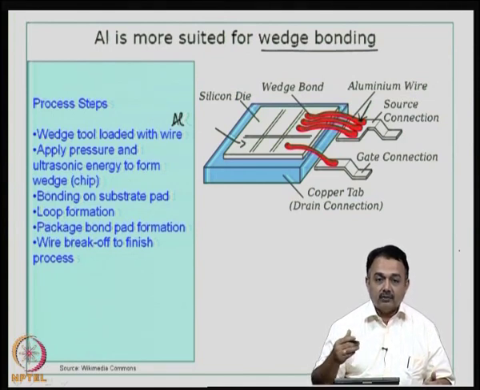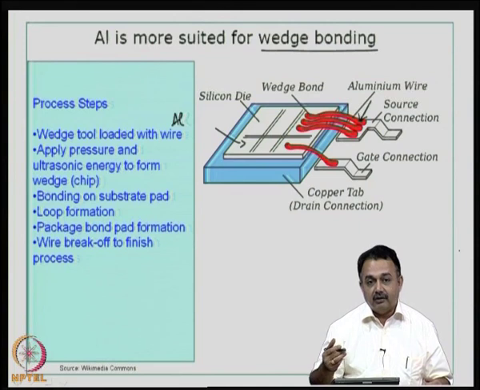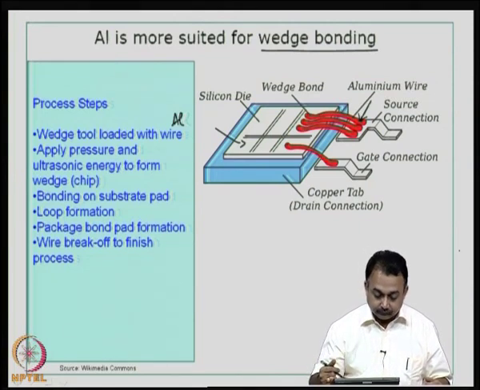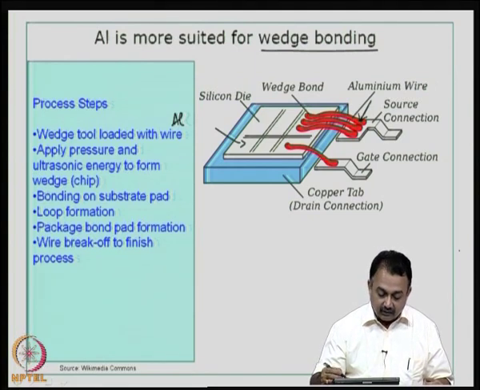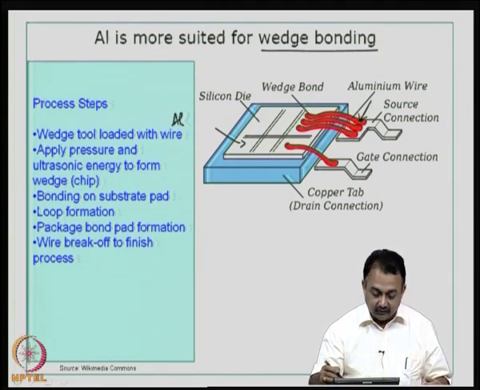Otherwise, the temperatures for wedge bonding will be much larger, and it can affect your substrate. So, you apply the required pressure and ultrasonic energy to form a wedge.